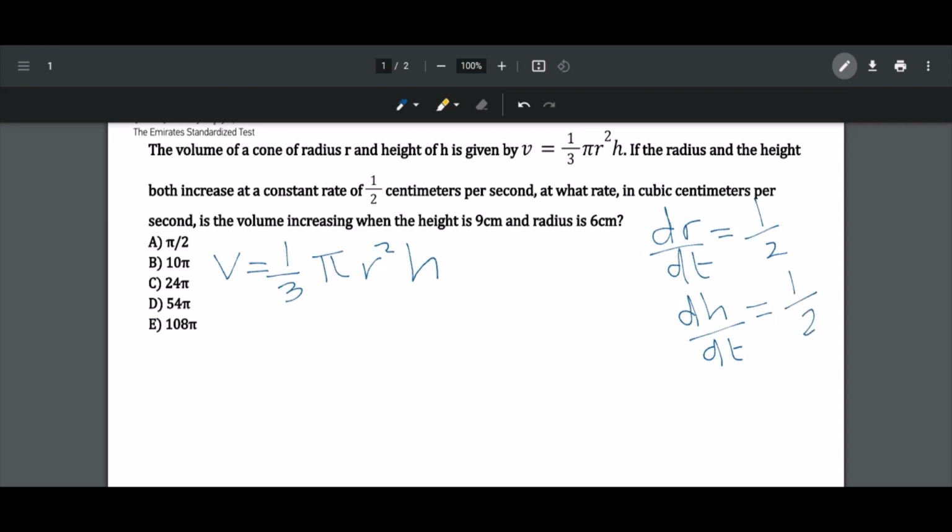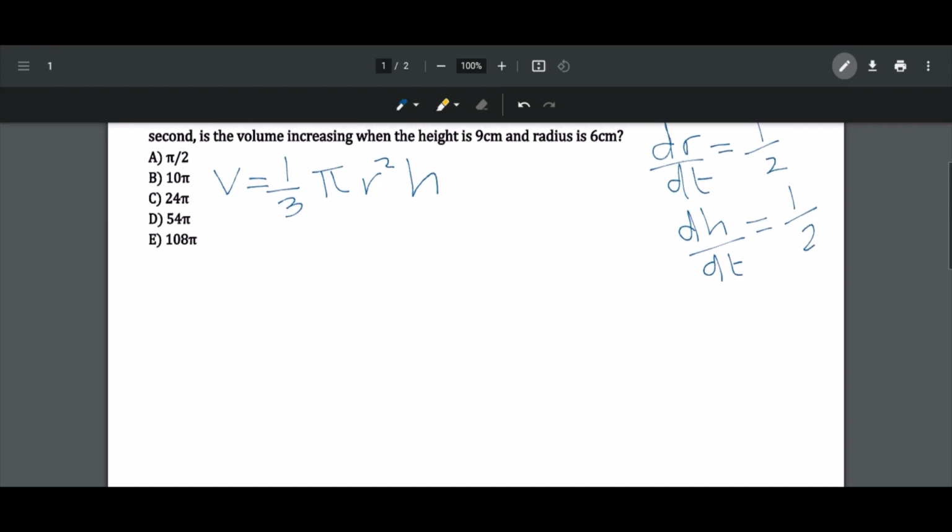To find at what rate in cubic centimeters per second the volume is increasing, we need to take the derivative of the volume. So dV over dt equals 1 over 3 pi, and we open the bracket. We take the derivative of r squared and keep h as it is.